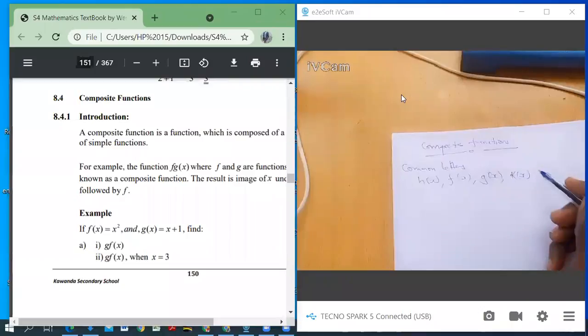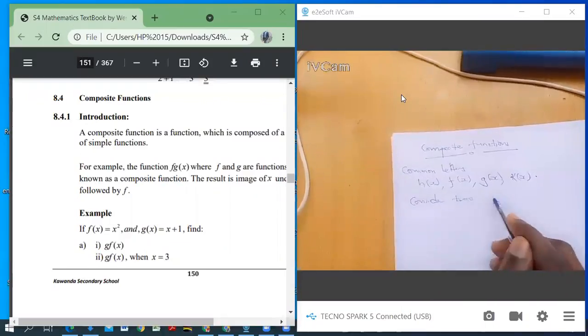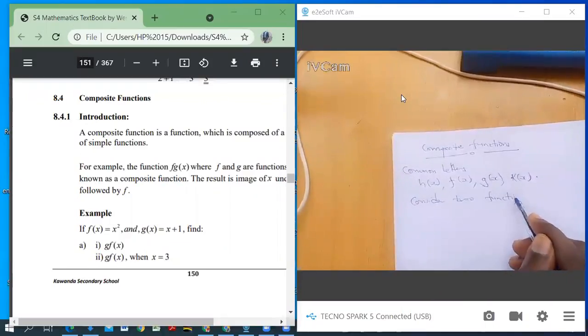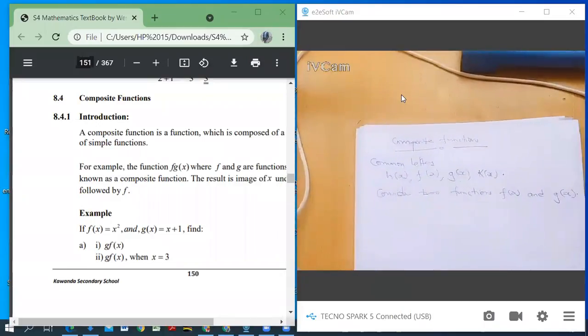So when we get these 2 functions and we combine them together, it forms what we call a composite function. For example, consider 2 functions, f of x and g of x.